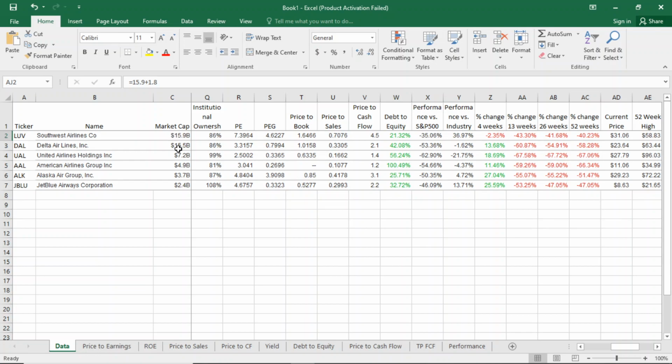When you're looking at these prices, think of yourself as going to own this entire airline yourself. You're going to be paying $15.5 billion to own the entire airline. It's going to make it easier to think: okay, I'm going to pay 15.5 billion, debt on the balance sheet is 8 billion, how much am I earning? The net income is 4 billion, right? It's just going to make it easier for you to really understand it.